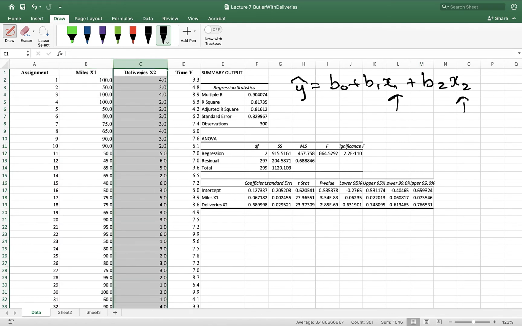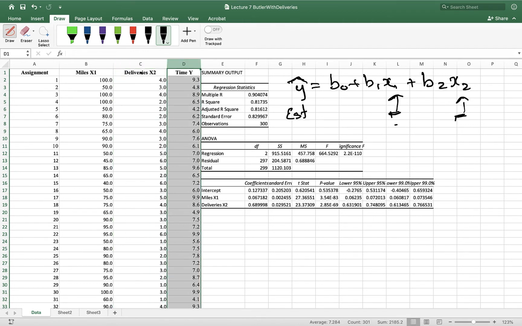So this one is miles, and this one's deliveries. And it's fairly simple to actually write out the model in full. That hat up here means estimated, and we said that y was the time. So the estimated time to complete your deliveries is equal to b0, which is the intercept, which is 0.12. I'm getting it from here.